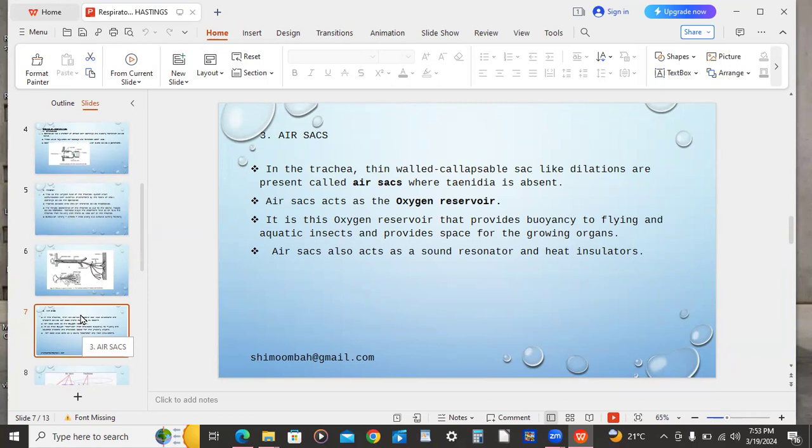They will just float on top of water and disappear. This air sac also acts as a sound resonator and heat insulator. They provide the optimum temperature which is needed in the body of an insect.